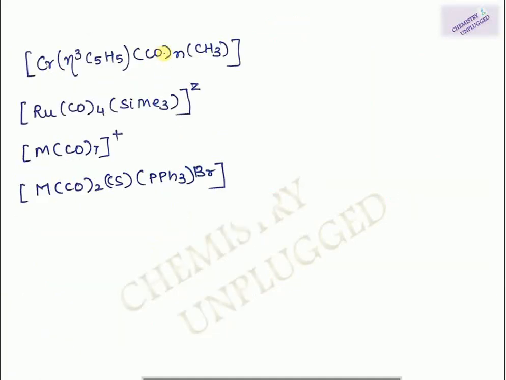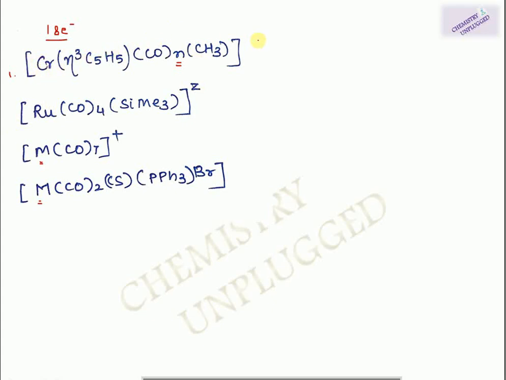Then we will take some more complexes, and these examples are a little bit different. In these, it is given that all the complexes are following the 18 electron rule. You have to find out n, Z, and M. So we will take them one by one.